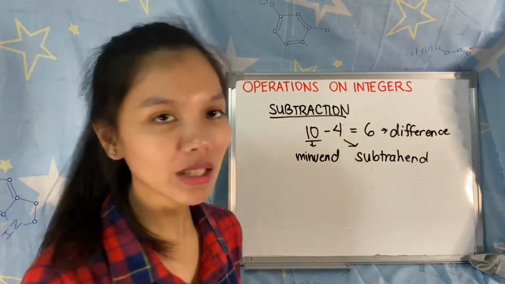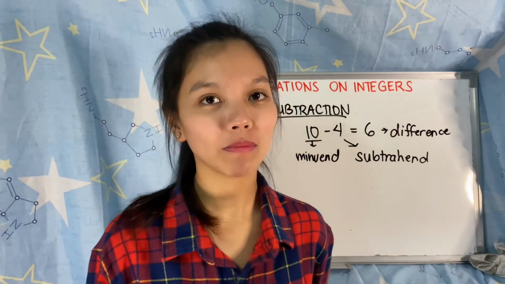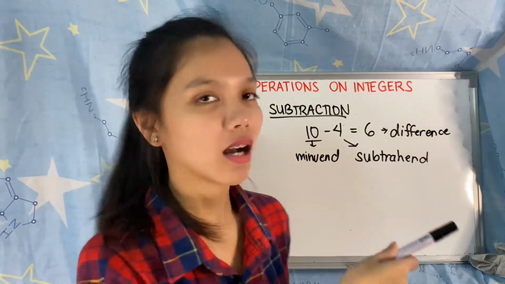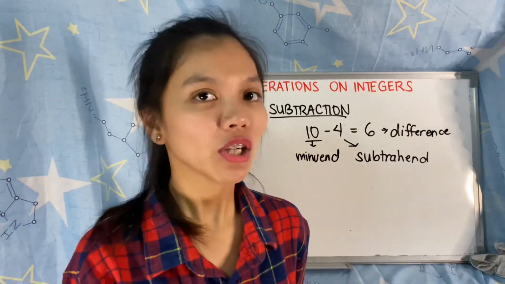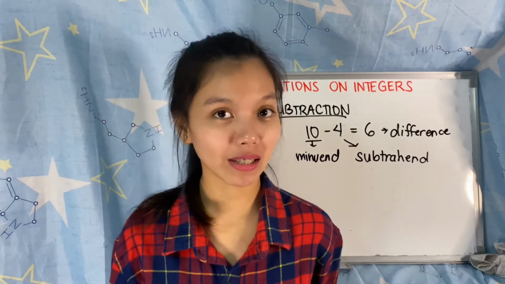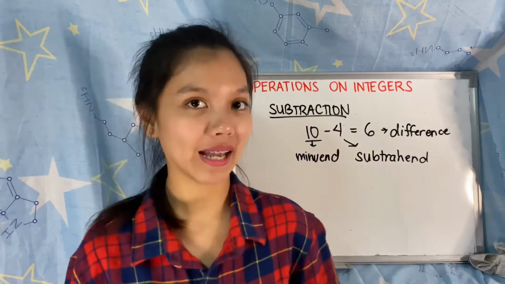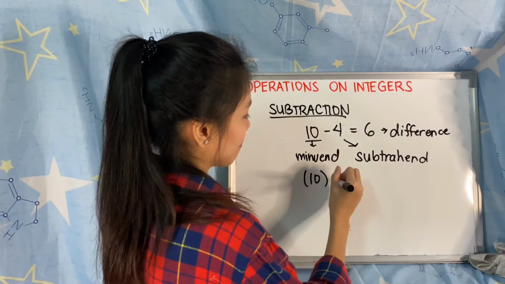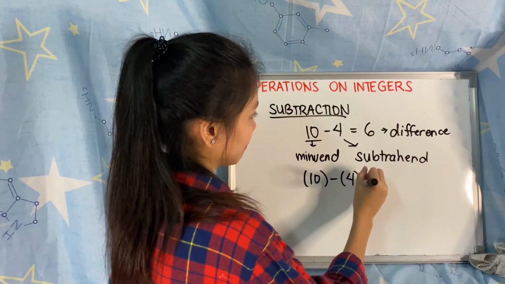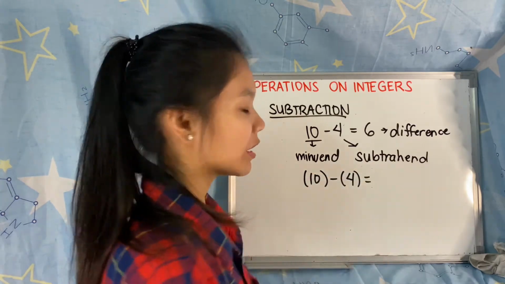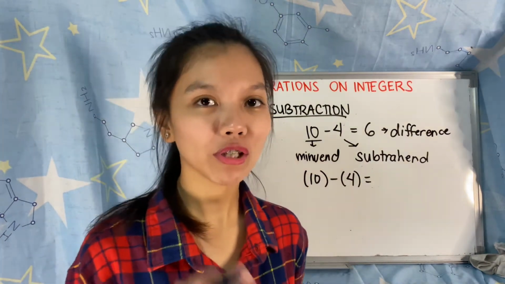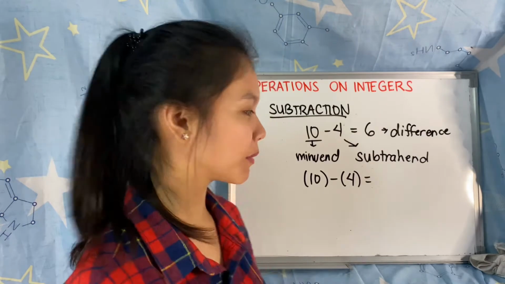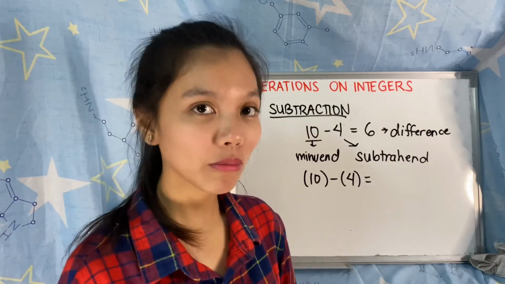So, always remember that in subtracting integers, you are going to get the opposite sign of your subtrahend. So, if you have positive 10 minus positive 4, what will be your answer? First, you are just going to get the opposite sign of your what?